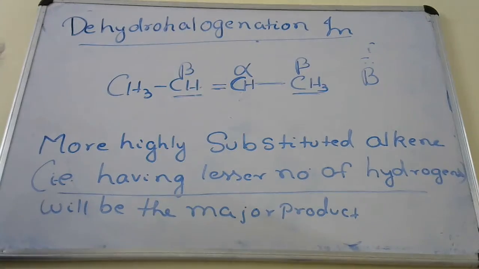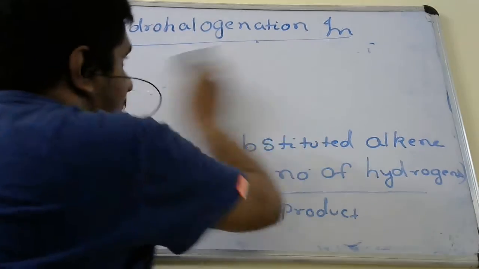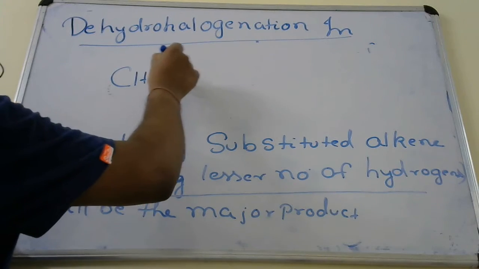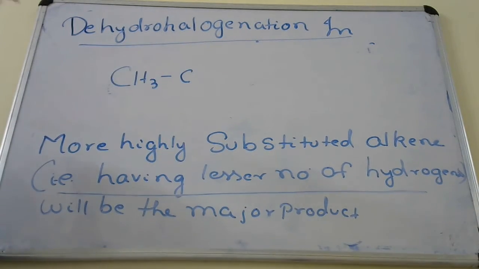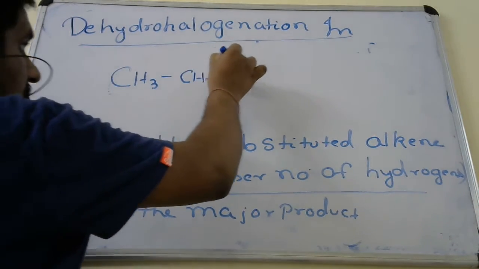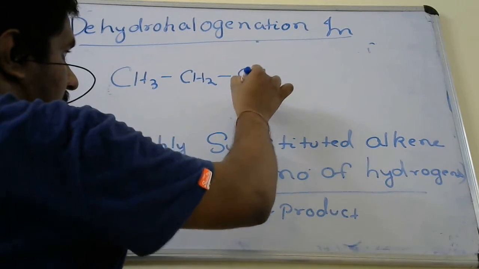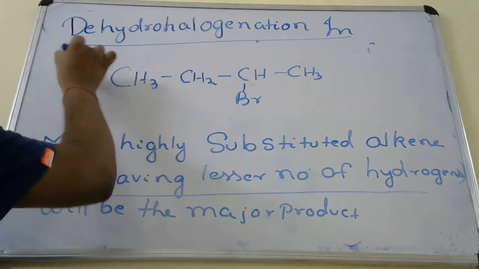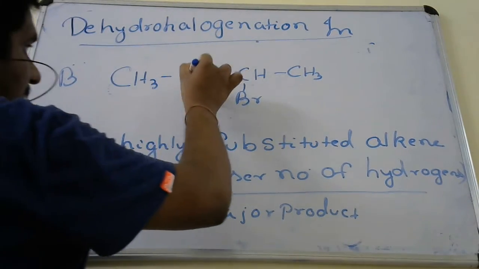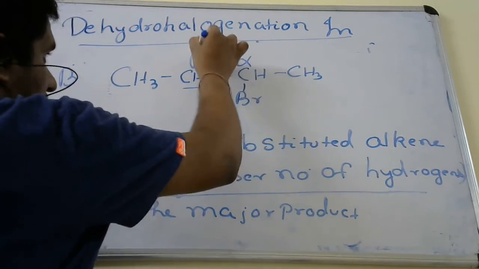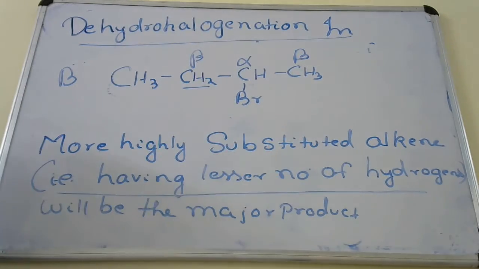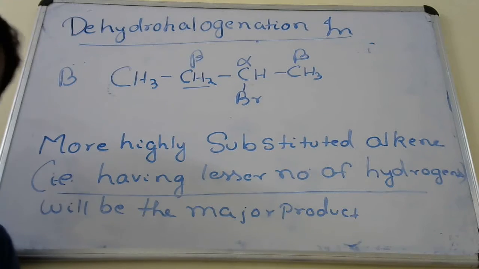Sorry, let me write it in a better way. The compound is like this. I have added a strong base. There are 2 beta carbons, so from which beta carbon will the hydrogen be eliminated?